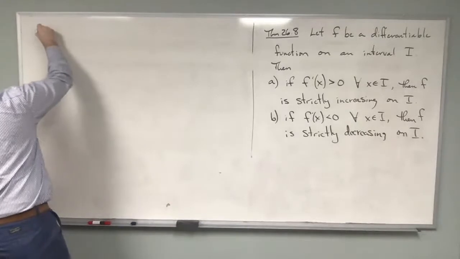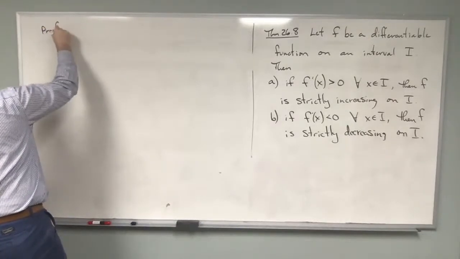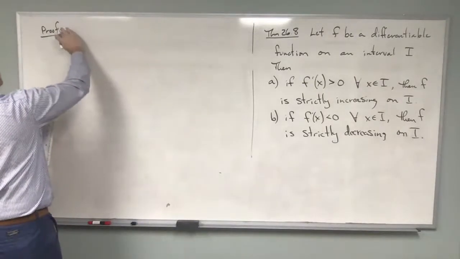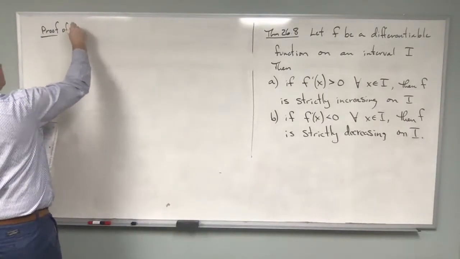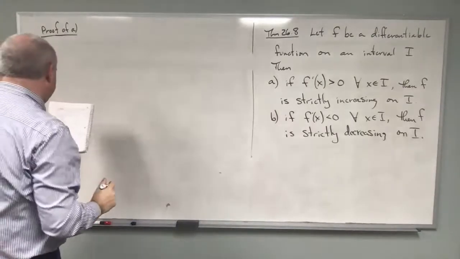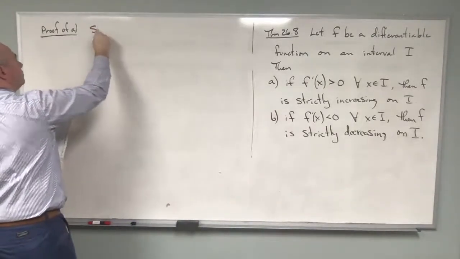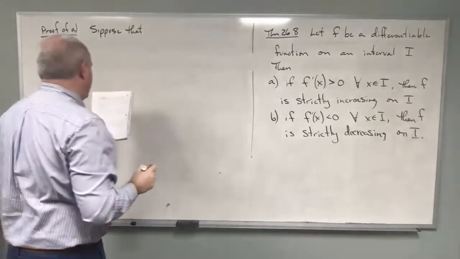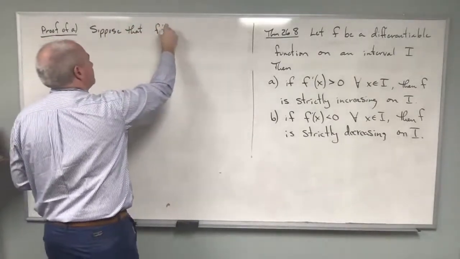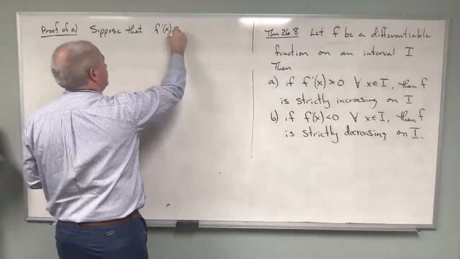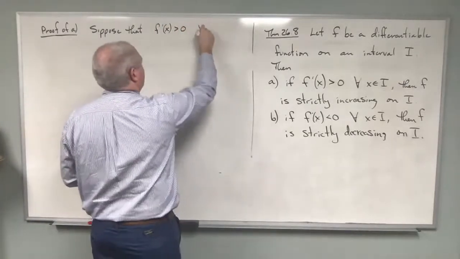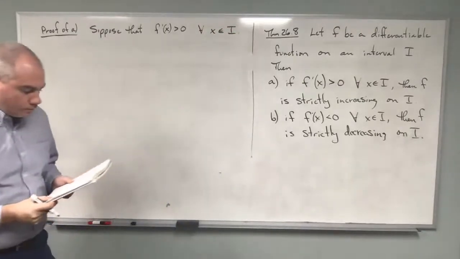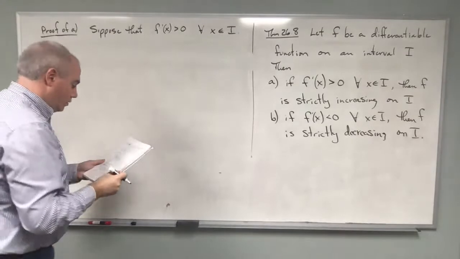Okay, proof of part A. So let's suppose that f prime of x is greater than 0 for all x in some interval I. Okay.